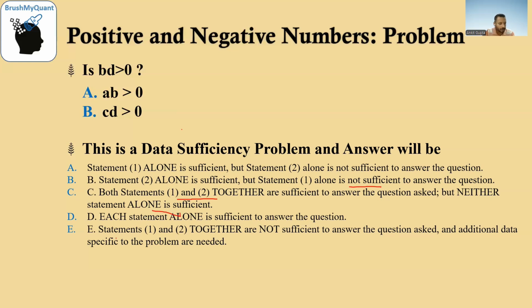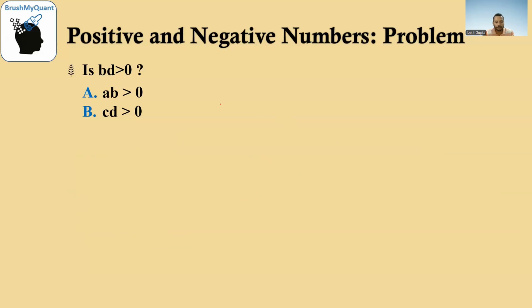Answer will be option number D if each of them alone is sufficient to answer the problem, and answer will be E where neither individually nor together are statements 1 and 2 sufficient to answer the problem. So with that background, let's go ahead and solve the problem.